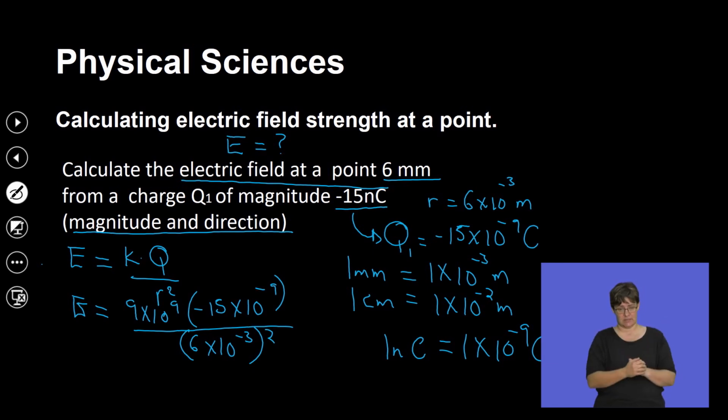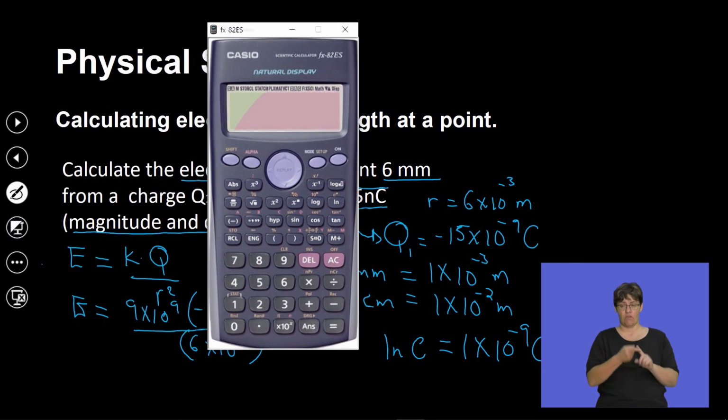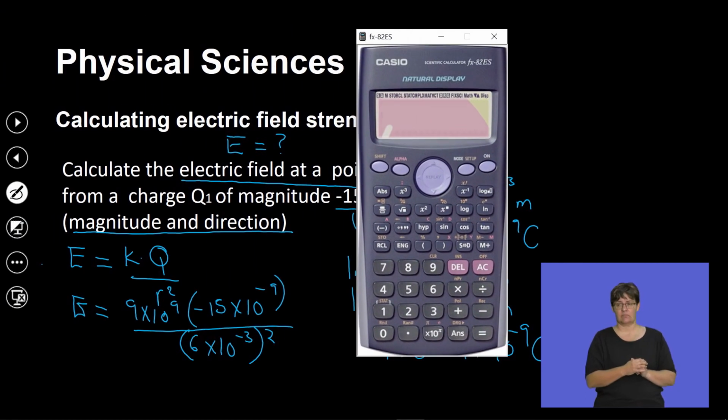And then subsequent to that, the calculator comes in. Our scientific calculator is another very important tool that you must be able to use correctly. Here we have a fraction: 9 times 10 exponent 9, the value of Coulomb's constant.